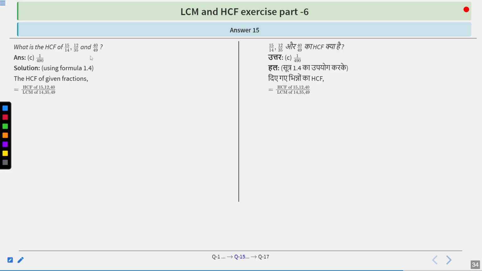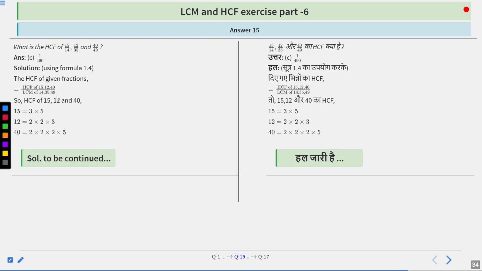Now, if we have fractions, then according to formula 1.4, the HCF of fractions is equal to HCF of numerator upon LCM of denominator. Here numerators are 15, 12 and 40, and denominators are 14, 35 and 49. So HCF of 15, 12 and 40 upon LCM of 14, 35 and 49.